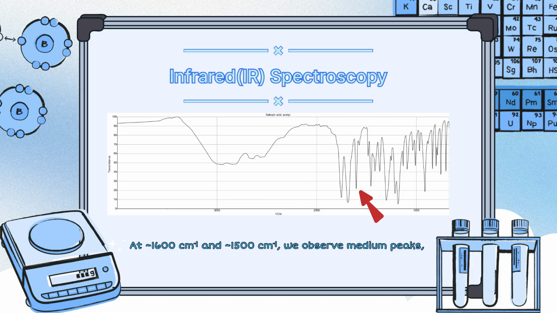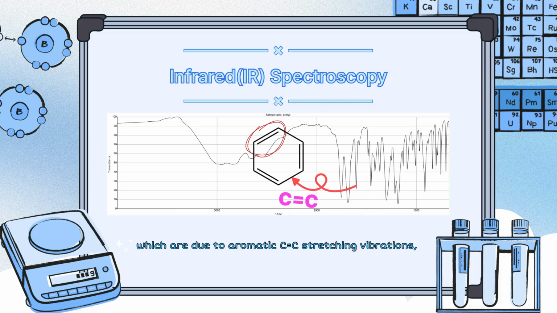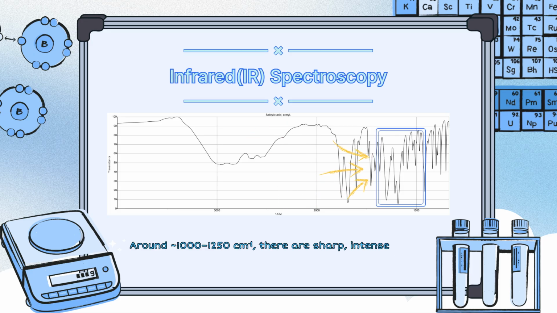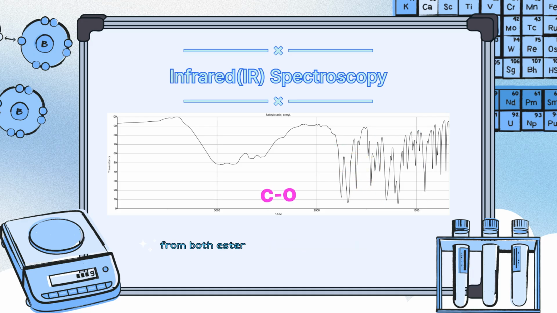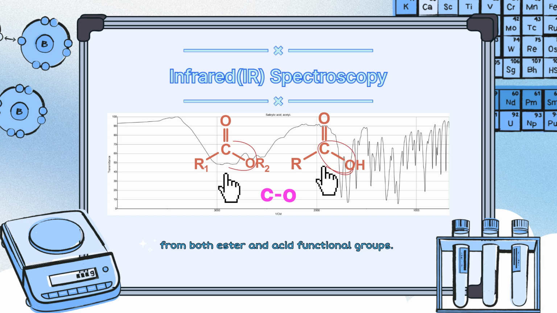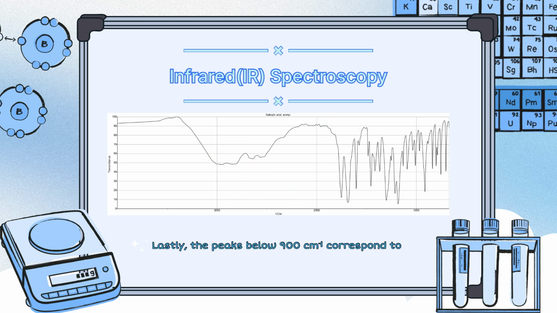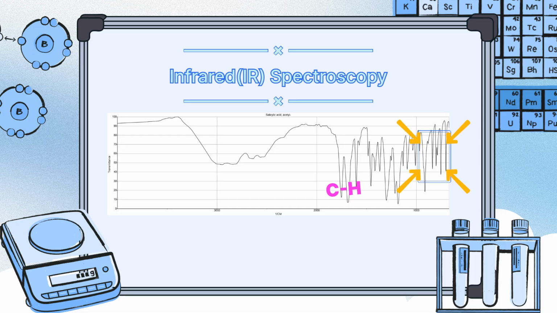At 1,600 per centimeter and 1,500 per centimeter, we observe medium peaks, which are due to aromatic C=C stretching vibrations, confirming the benzene ring in aspirin. Around 1,000 to 1,250 per centimeter, there are sharp, intense peaks due to C-O stretching vibrations from both ester and acid functional groups. Lastly, the peaks below 900 per centimeter correspond to aromatic C-H bending vibrations.